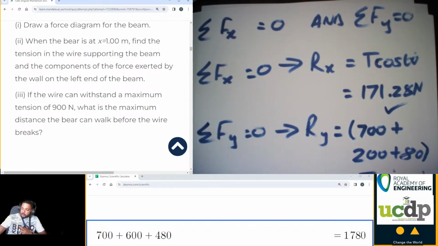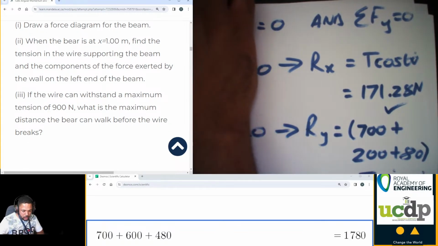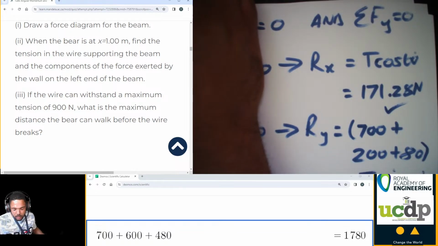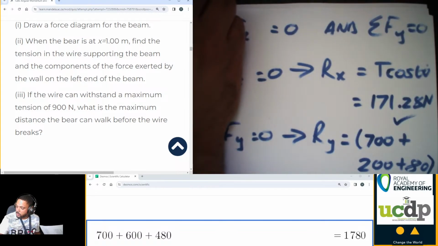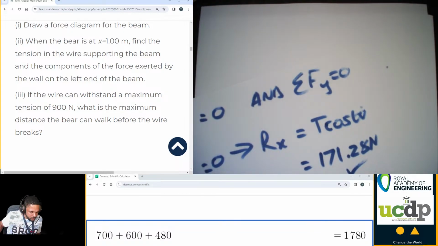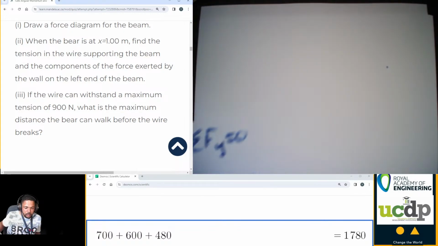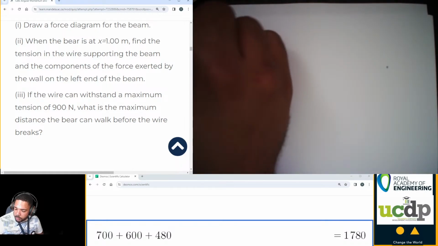Now number three, they're asking us the third part of this problem, part number 3.